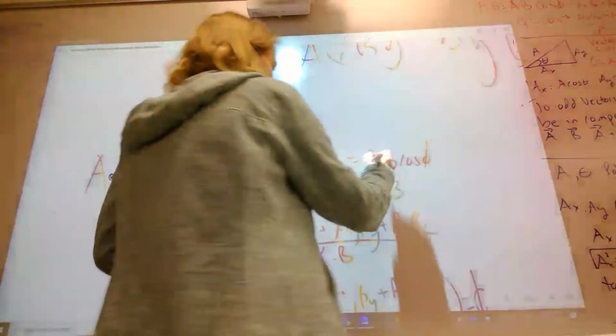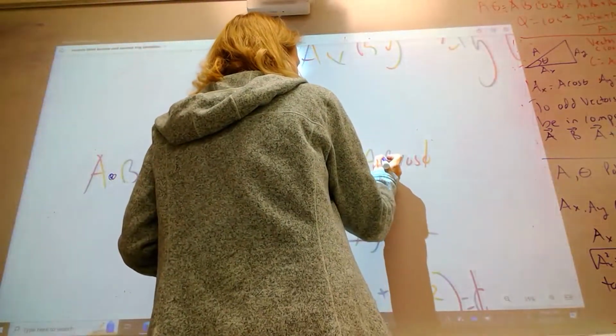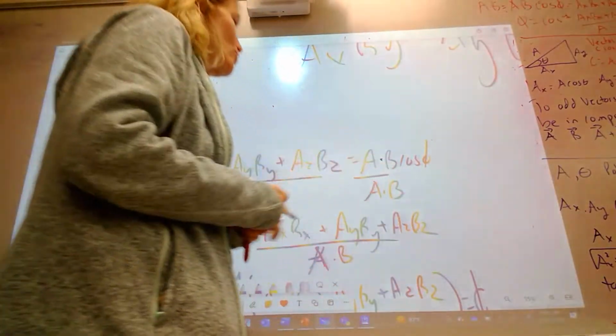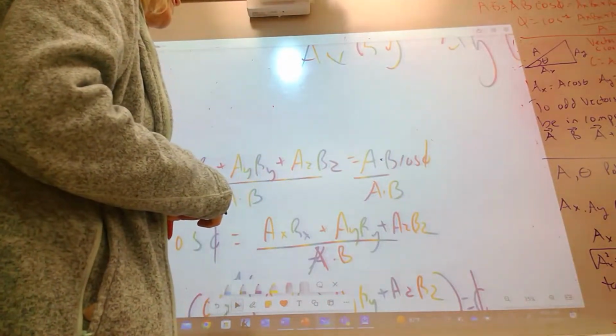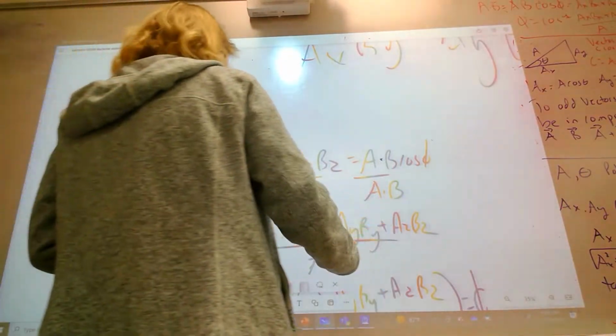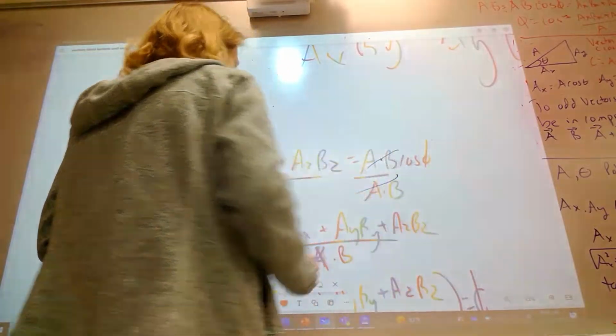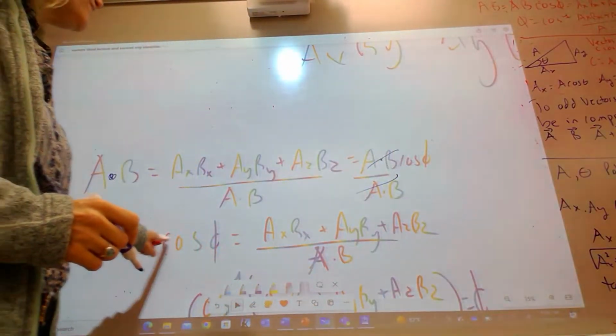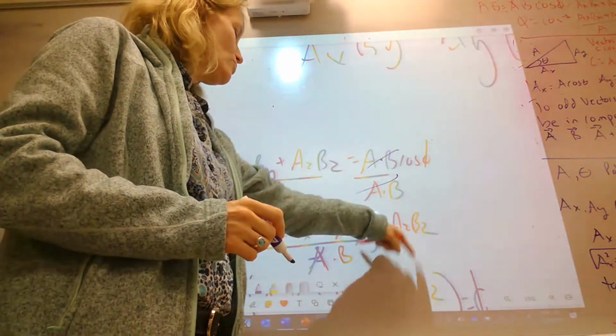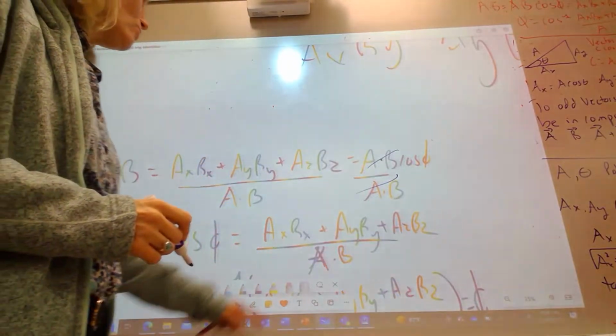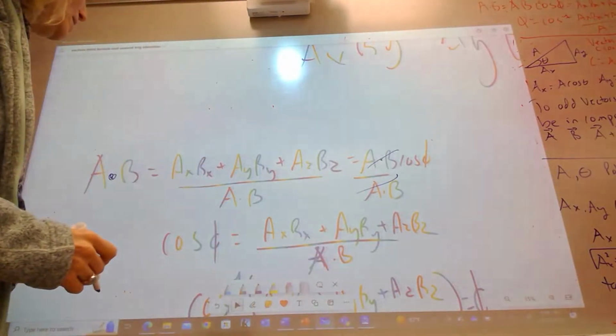This is just the magnitude of A times the magnitude of B. So we avoid using the X to separate this from cross product, which uses an X. We divided down both sides by AB, so I canceled this. So we got cosine phi is equal to AX BX plus AY BY plus AZ BZ over the magnitude of A times the magnitude of B.